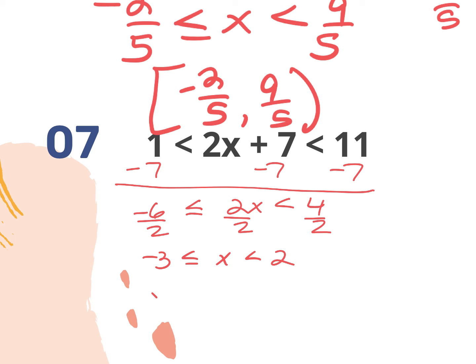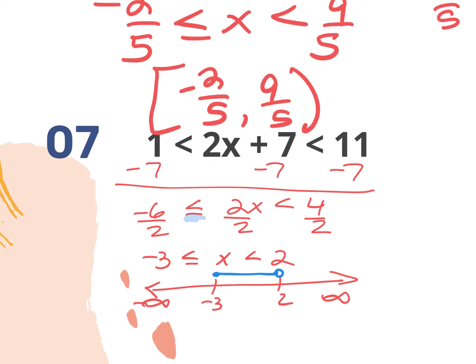So again, when I graph it, negative infinity's here, positive here, negative 3, 2. So the negative 3 gets the closed circle, the positive 2 gets the open circle, and it's a segment joining them in between. So actually, I changed this.